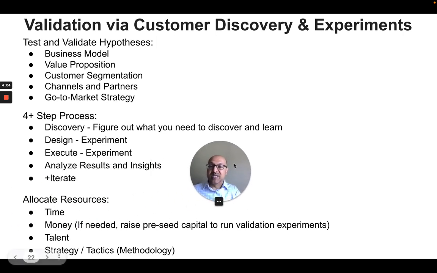We do this multiple times until we feel like we're having great momentum and traction and things are working well. So this process will help us decide if we're allocating our resources optimally, including time, money, talent, and methodology or strategy and tactics.